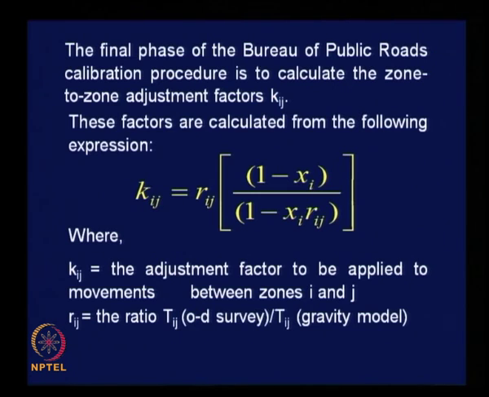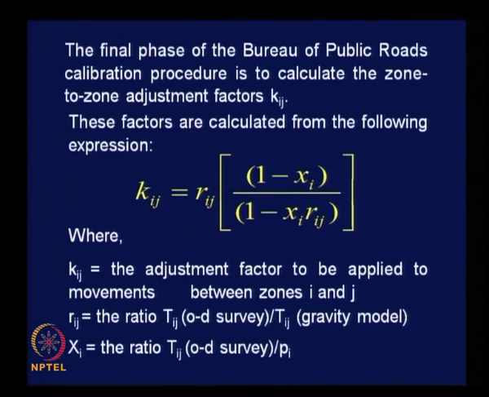We do this because of the variation between the observed value of Tij and the model simulated value of Tij. Obviously both are to be brought together to do some correction and get some correction factor in the form of Kij.